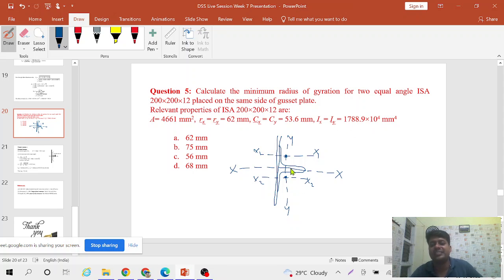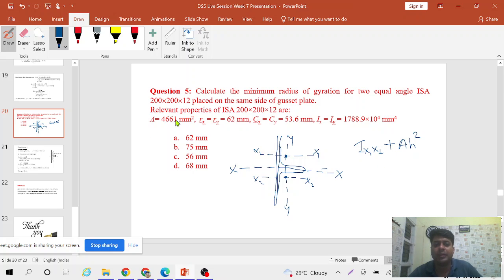We have already discussed in one of the live sessions that it is solved by the parallel axis theorem. So IX1 X1 plus A H square.